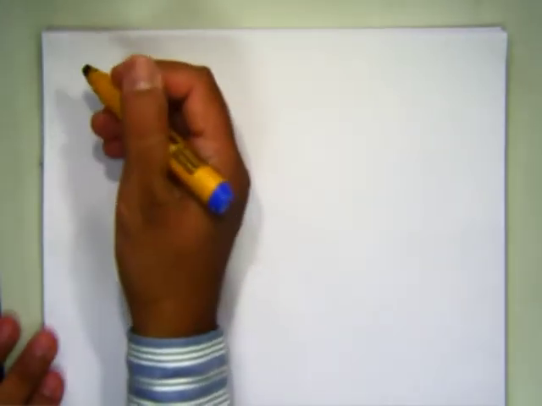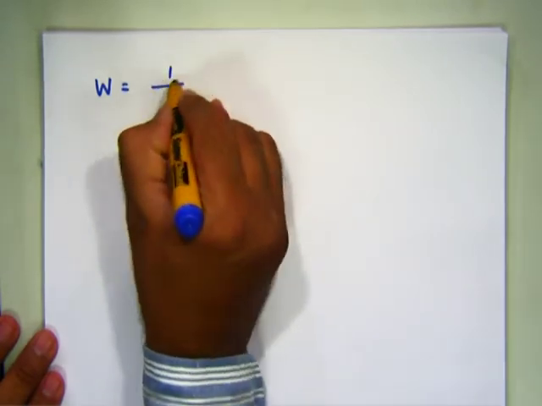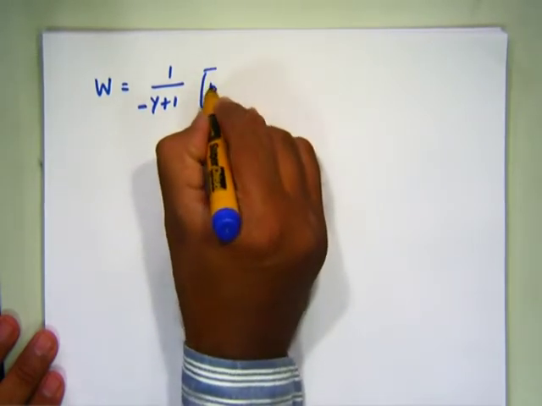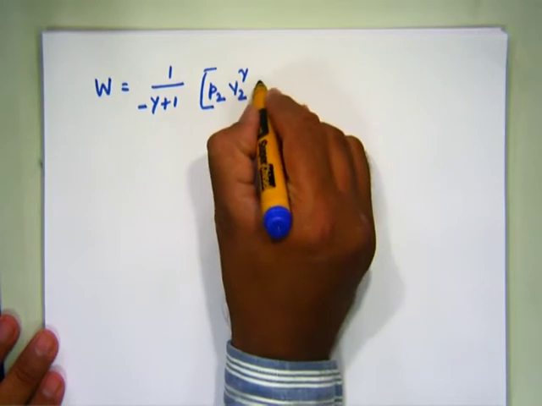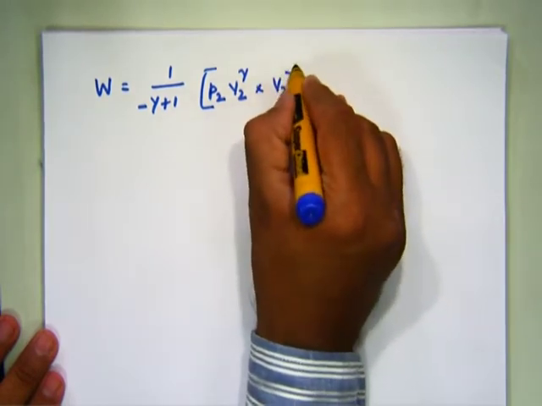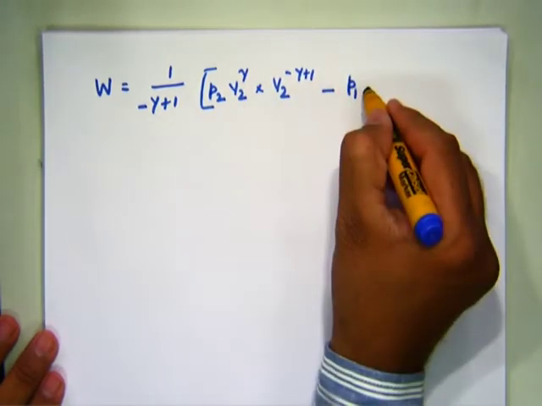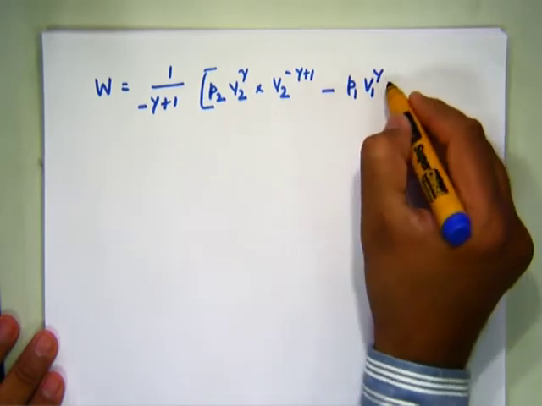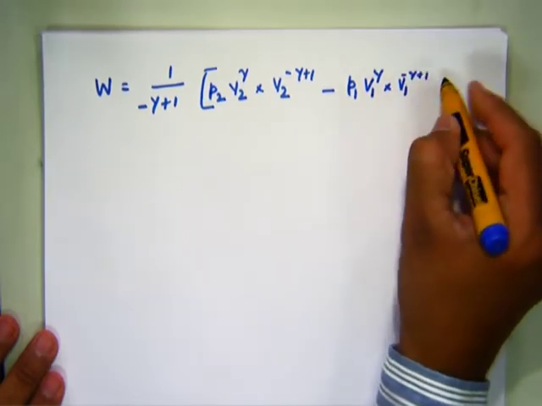We will get work done W is equal to 1 upon minus gamma plus 1 into P2 V2 raised to gamma into V2 raised to minus gamma plus 1, minus, second time when it is the constant C, instead of C we are putting P1 V1 raised to gamma into V1 raised to minus gamma plus 1.